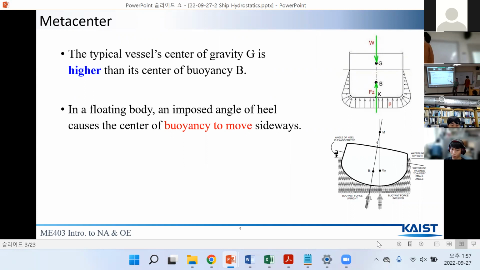But as rolling comes, B is changing, but G is not changing. A straight line through the changed B crosses the vertical at M. But M is also changing as the ship is moving. So it's not a simple concept.